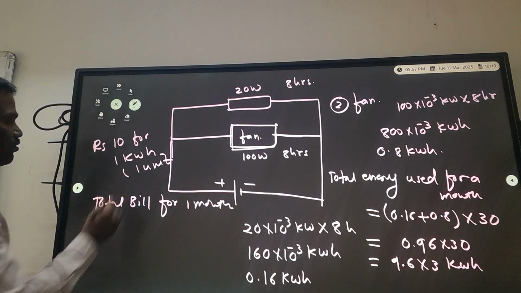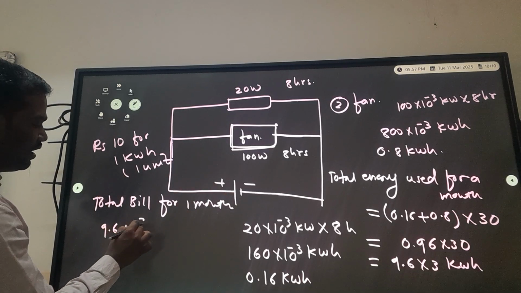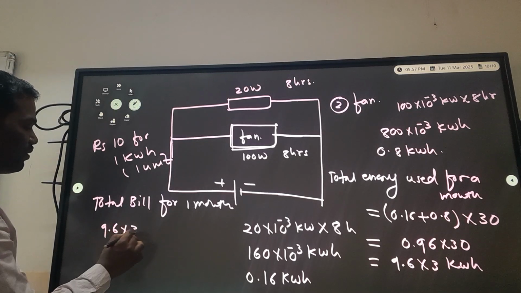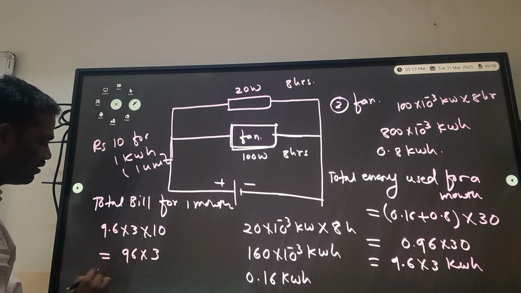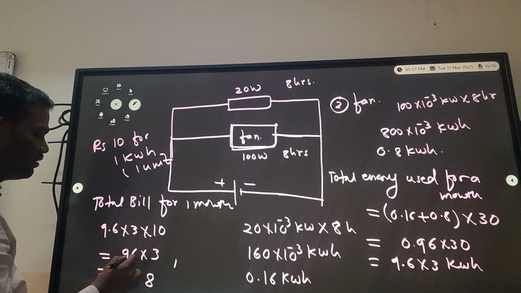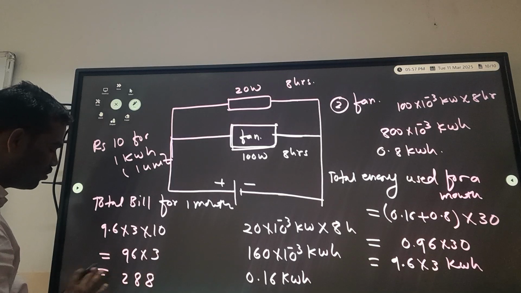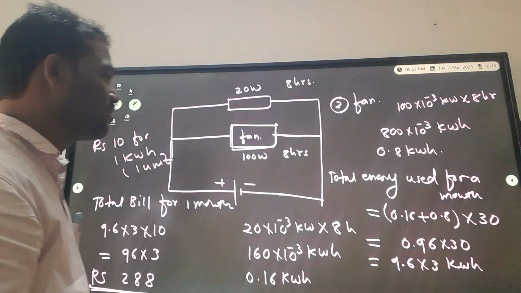Simply, the amount of energy used is 28.8 kilowatt hour, multiplied with the amount 10. So the total electricity bill will be 288 rupees for the 30 days.